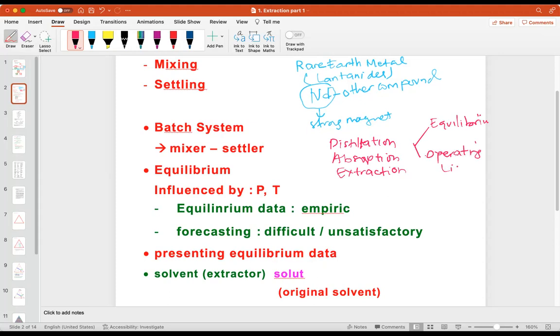In extraction it's also applied. So you need the equilibrium data and also the operating line data.